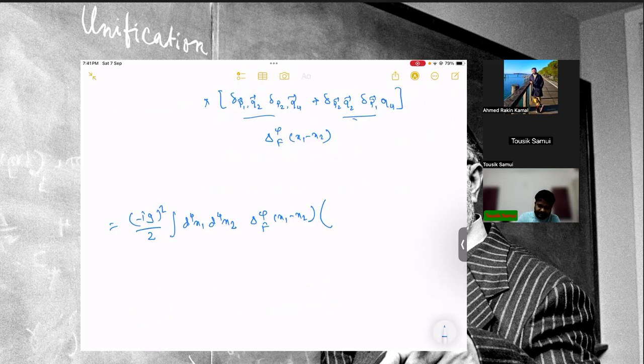And if we calculate this, it will be e^{i p1′·x′} plus e^{i p2′·x′} plus e to the power i, and this times, so this is first from the first delta function, and then e^{-i p1·x1} e^{-i p2·x2} plus e^{-i p1·x2}.